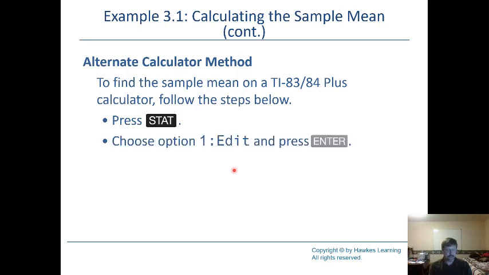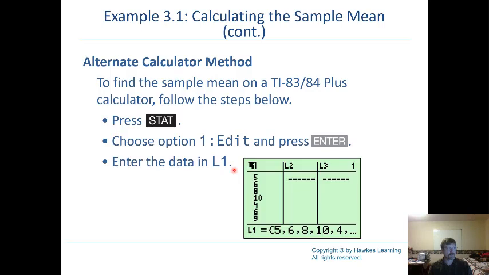Choose option 1, edit, and press enter. Enter the data in L1. Let's see, this was 5, 6, 8, 10, 4, 6, 9. Oh, I've got that in there already.